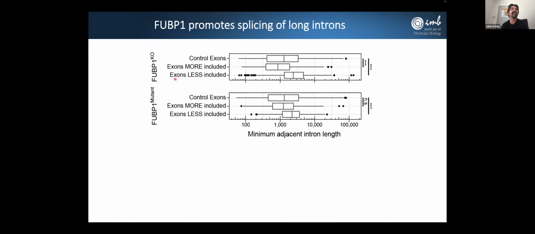And when we then see which exons are less included upon FUBP1 loss, we see that these exons are generally longer than control exons or exons that are more included, suggesting that FUBP1 might be particularly required also functionally for the recognition of exons that are flanked by long introns.